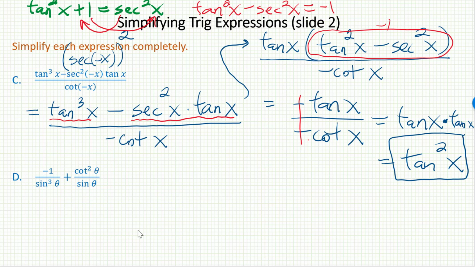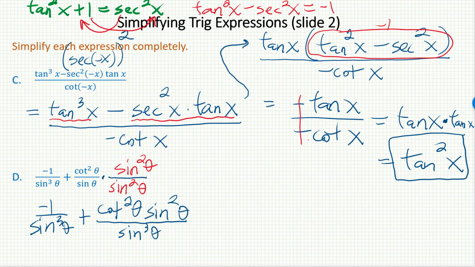The first fraction has sine cubed theta. So if I adjusted the second fraction by multiplying a couple more sine thetas, right? It already had 1. I'll multiply a couple more. Then each denominator is now sine cubed theta. And because that's the case, I'm going to be able to add these two fractions together.